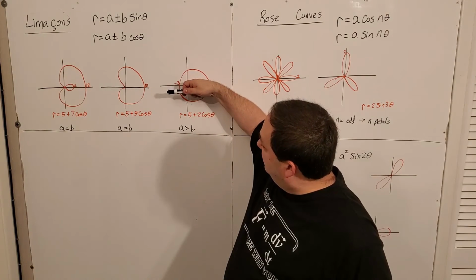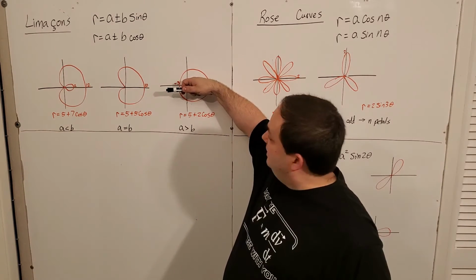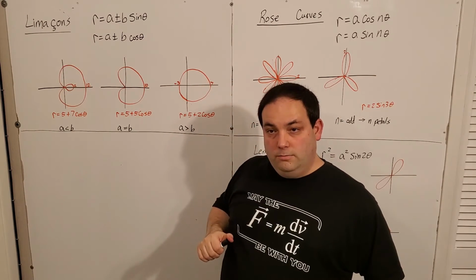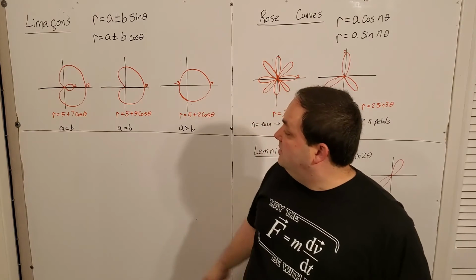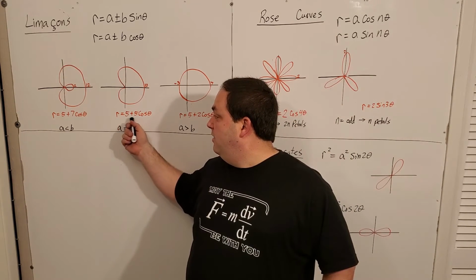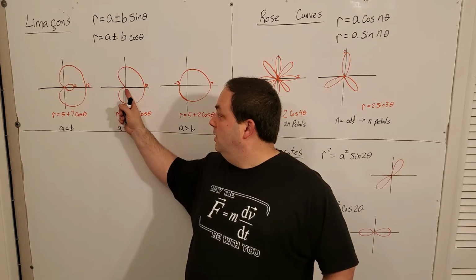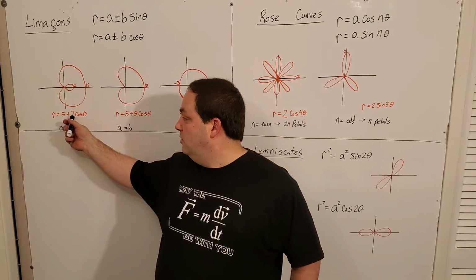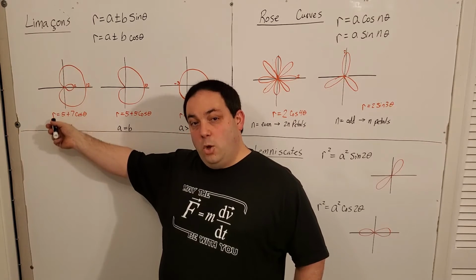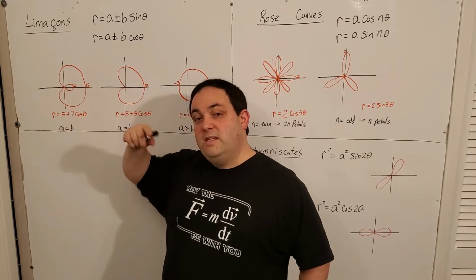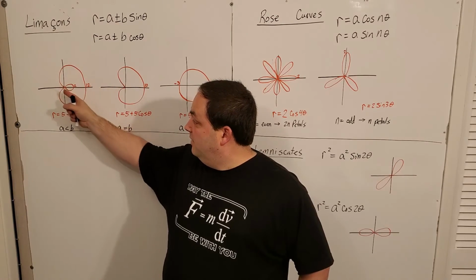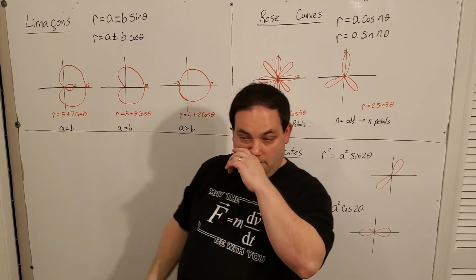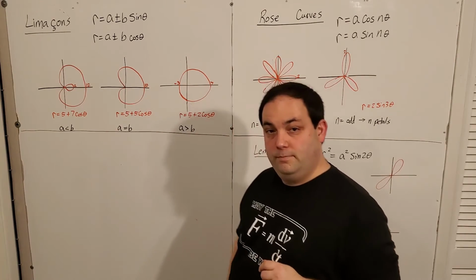So what happens is when theta is at 180 degrees, it goes out to the 3 there. Whereas if they're equal, at some point they'll cancel out to 0, hence the point at the origin there. And then when the cosine has a bigger number, it can actually overtake the 5 at some point, which makes the r's go negative. And then you get that inner loop. While theta's pointing one way, it loops inside because you get a negative r.